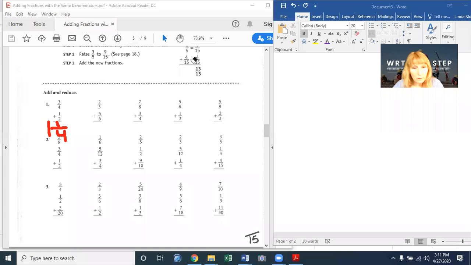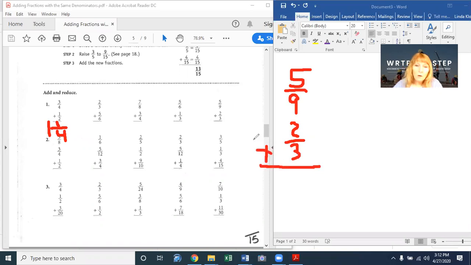Okay, so 5/9 plus 2/3. If you want to pause the video and try it first, go ahead. Otherwise, watch me. We have to come up with the same bottom number because we ask ourselves, are the bottom numbers the same? No. So we have to change them so that they are.